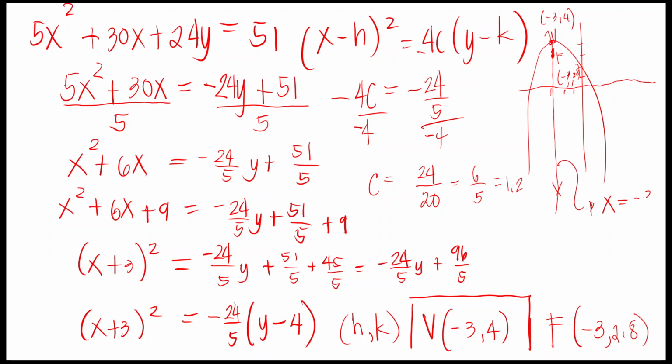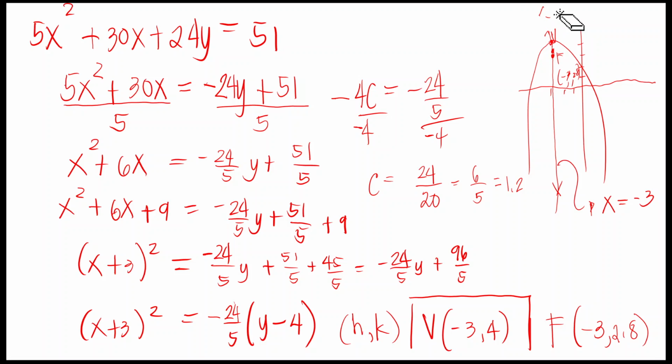Therefore, that is the axis of symmetry, x equals -3. The directrix is perpendicular to this line, perpendicular to the axis of symmetry.